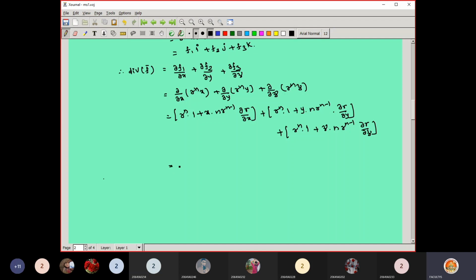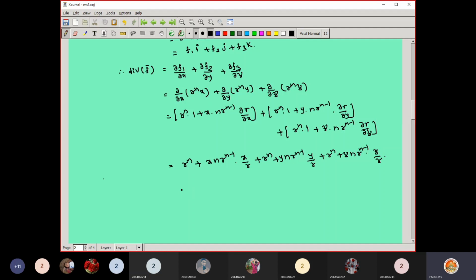So directly simplify it. It is r power n plus x n r power n minus 1 dou r by dou x, and as per our previous note, you can directly write dou r by dou x as x by r. Similarly for the next one, r power n plus y n r power n minus 1 dou r by dou y, which is y by r. And for the next, r power n plus z n r power n minus 1 and dou r by dou z, which is z by r.